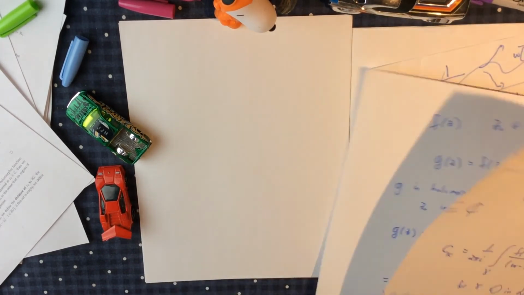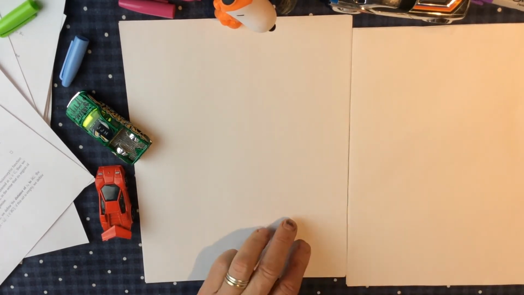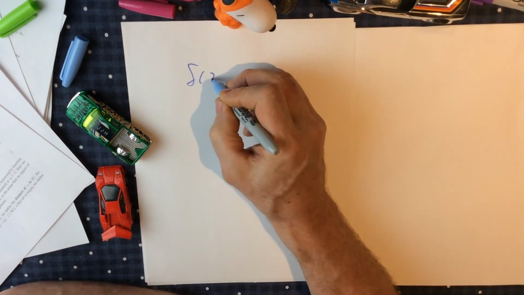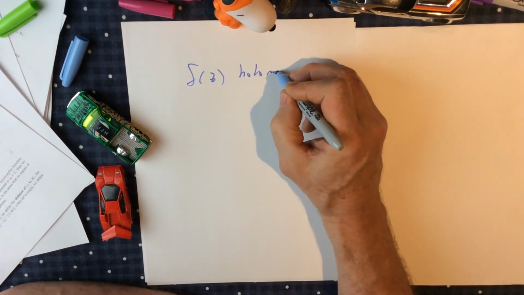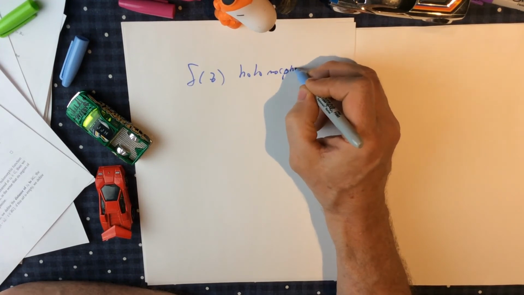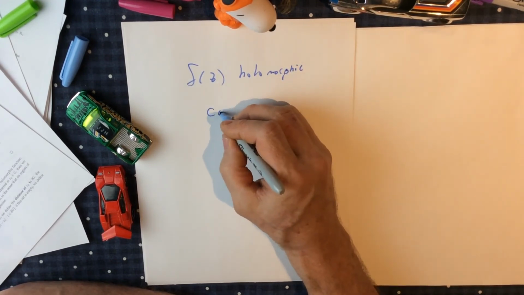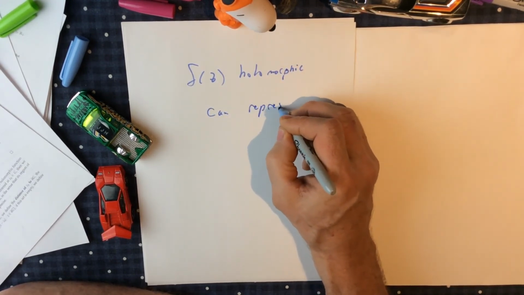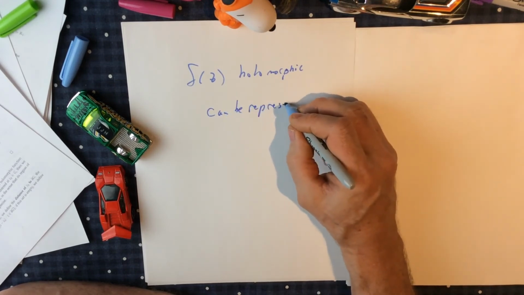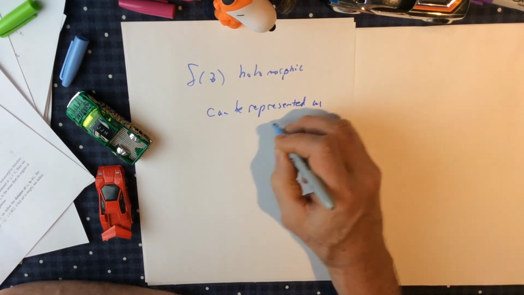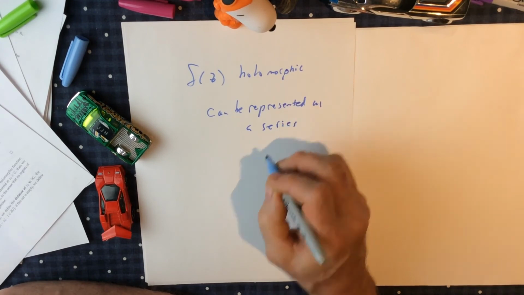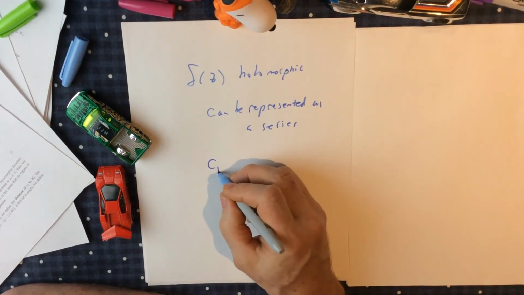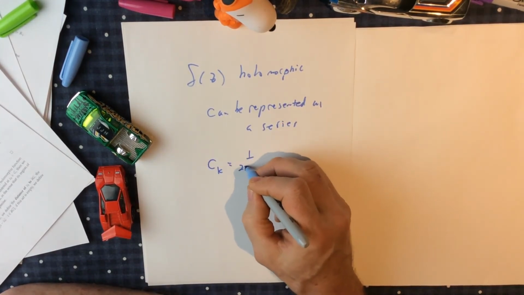So we just proved that theorem: when you have a function holomorphic, then it can be represented as a series, and all we have to do is figure out what these values are.